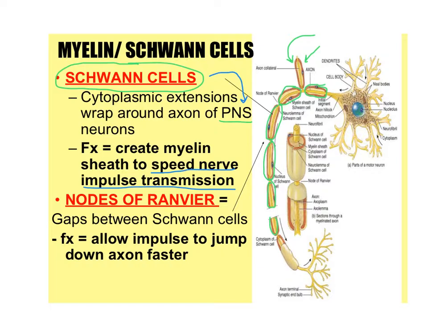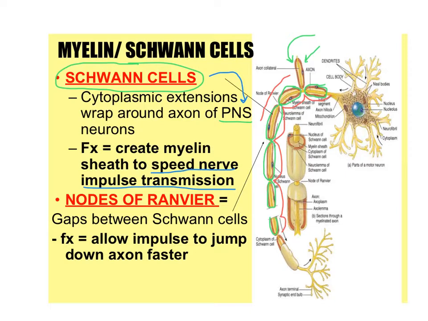The way they do that is, if the axon is myelinated, the nerve impulse does not have to travel the whole length of the neuron. Instead, that nerve impulse can jump from gap to gap to gap, which makes it so much faster.